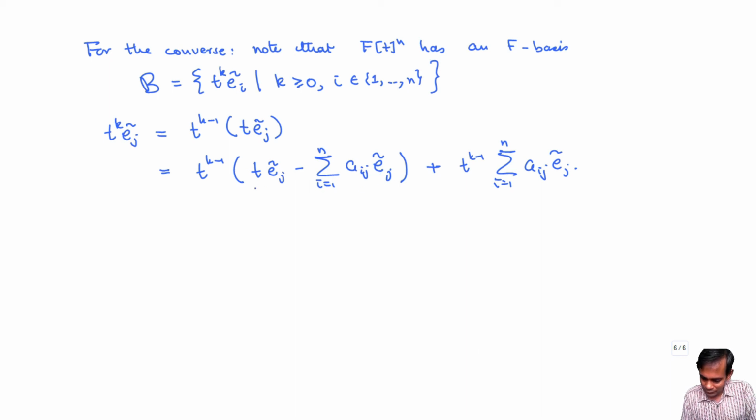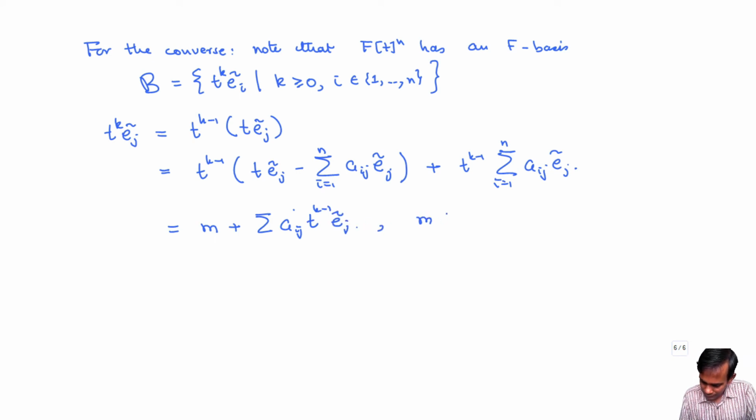But this thing here belongs to the column space of tI minus A. It's just the jth column of tI minus A. So this is m plus t^(k-1), or maybe I'll write it like this, summation a_ij t^(k-1) e_i tilde.